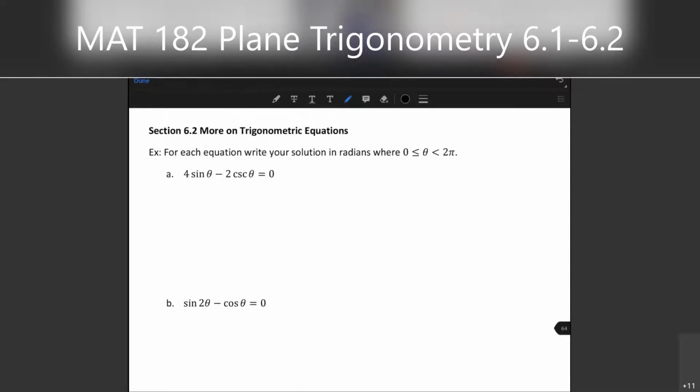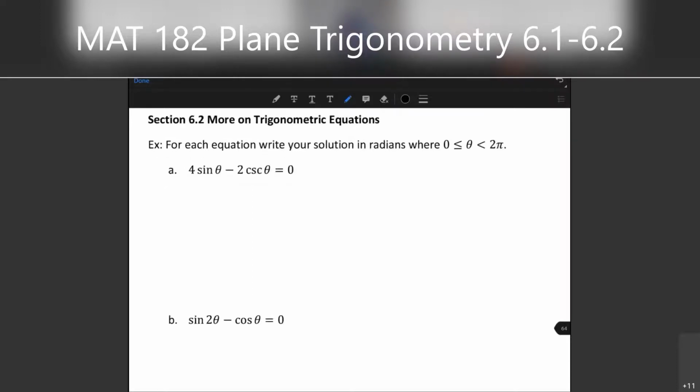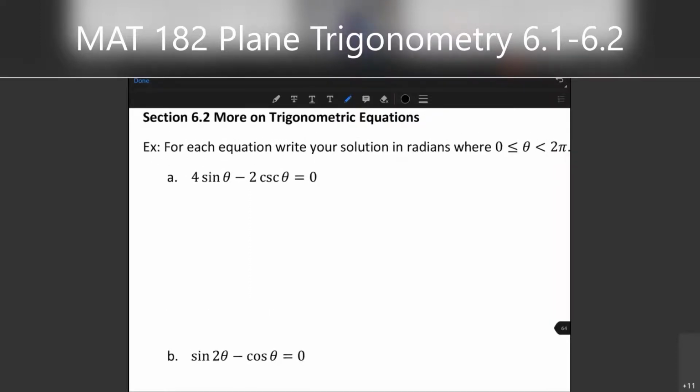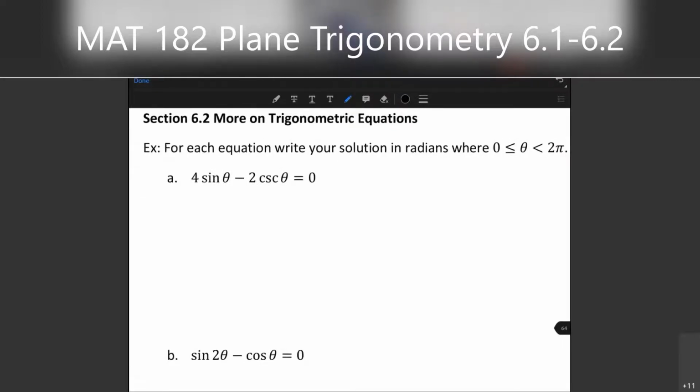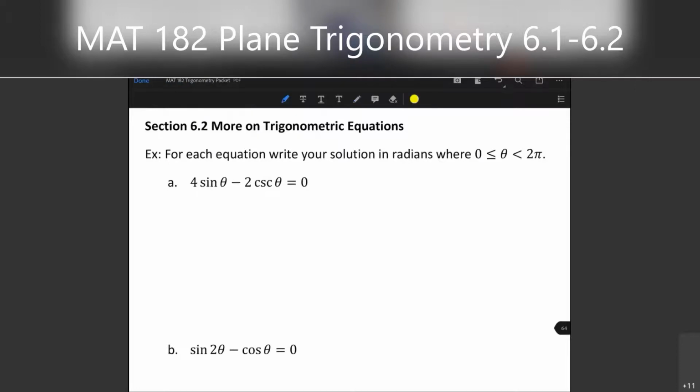So let's begin with question A. We're going to start with 4 sine of theta minus 2 cosecant of theta equals 0. And we're going to be looking for solutions in terms of radians. So we're going to want to have our calculator in radians for this section.